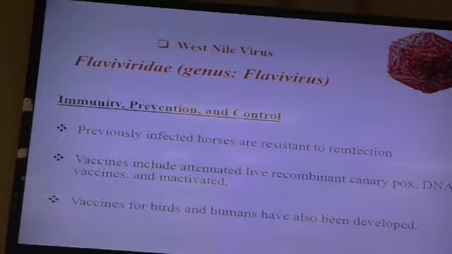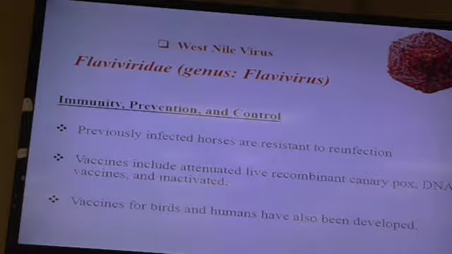Vaccines are available also, attenuated and live recombinant. Particularly in the case of the equine, the DNA vaccine seems to be working pretty well, and DNA vaccine can overcome maternal antibody issue. But there are other vaccines available, like canary pox. Remember, you can use another virus that usually does not cause disease in the host you're giving the vaccine.